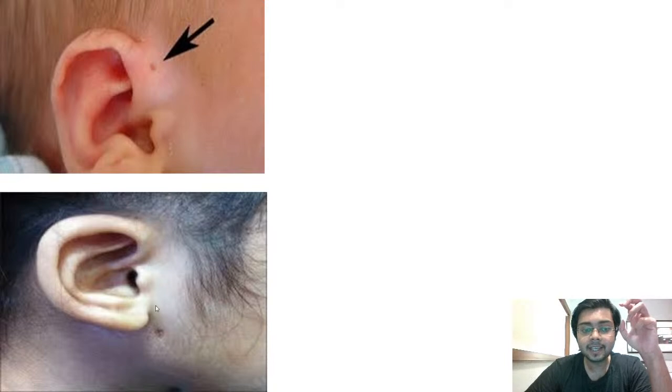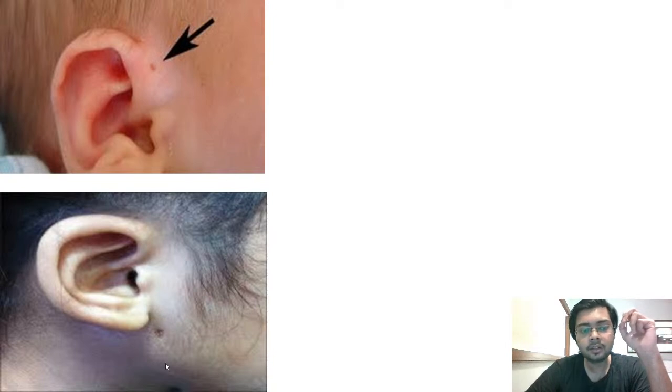So this second one is called an auricular fistula, or branchial fistula. Both have different origins, and that is why both have different places of pathology. This preauricular sinus is caused as an embryological defect in development. What defect? It is due to defective fusion of the hillocks of His, which are formed from the first and second branchial arch.